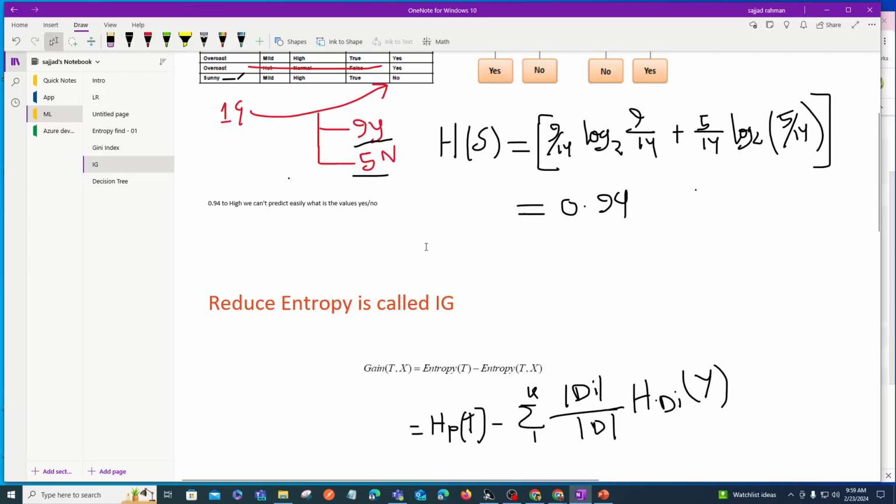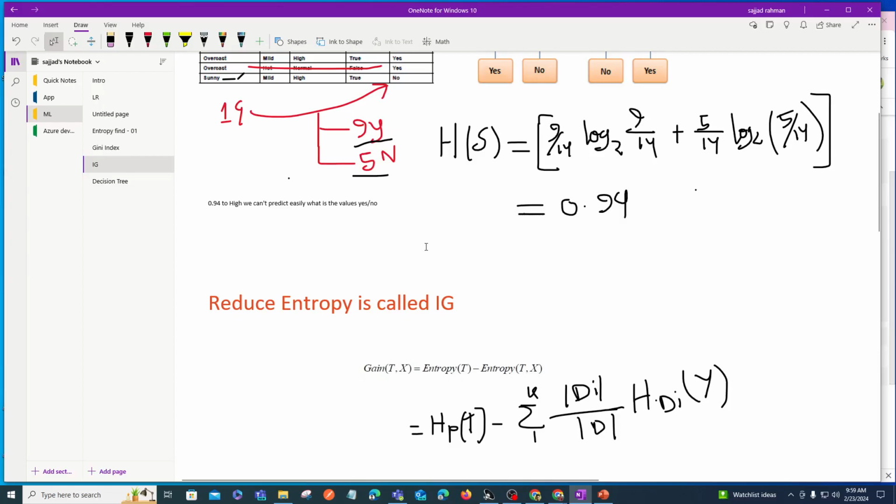Okay, let's start. This is our parent. In the target I found 9 yes values and 5 no values. I consider the full data set and start from this, and then we look at one feature, outlook.